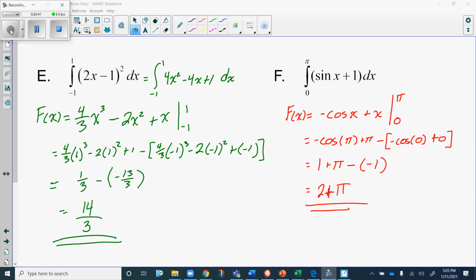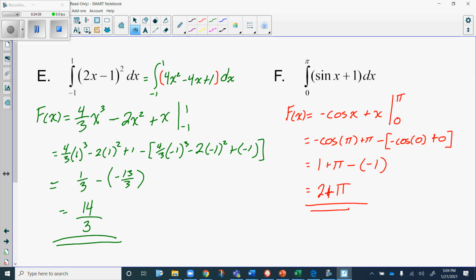So I'm looking at it as 4x squared minus 4x plus 1 dx. And again, I probably should have put all of that in parentheses, but I think after a while, pretty much everybody understands what you're doing.